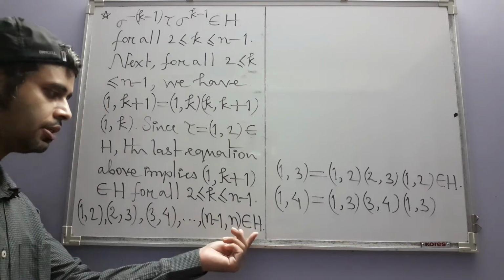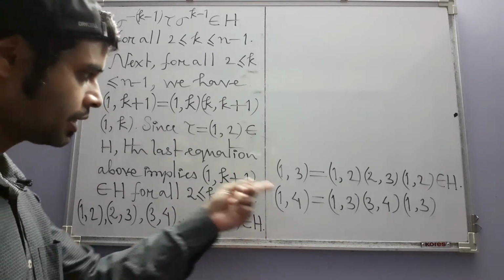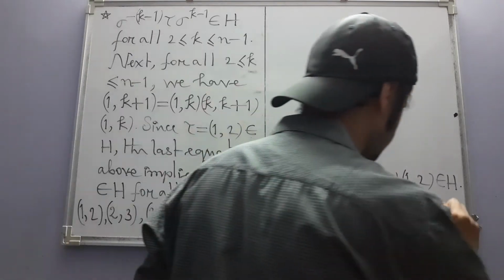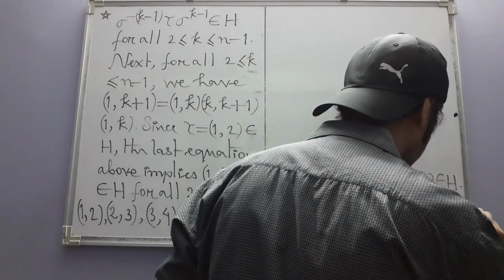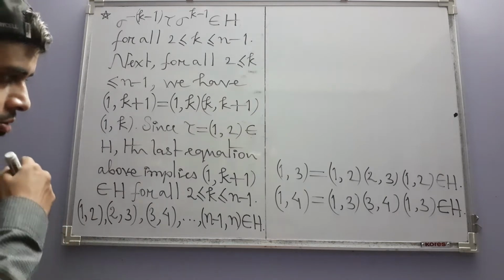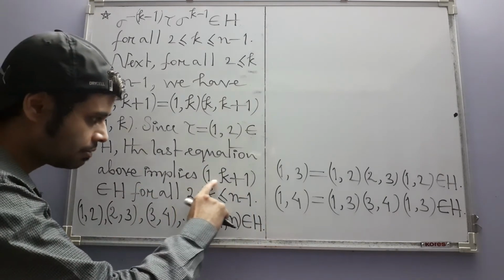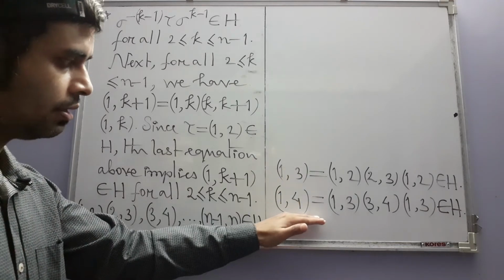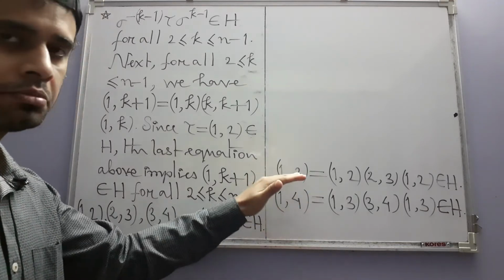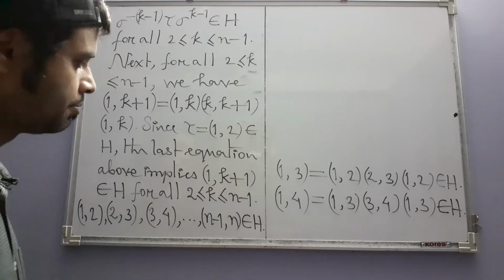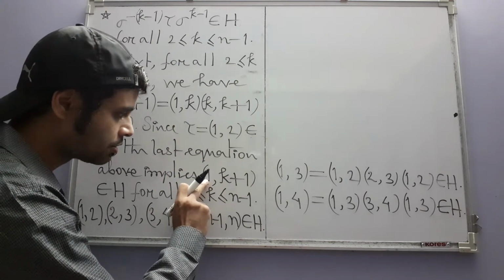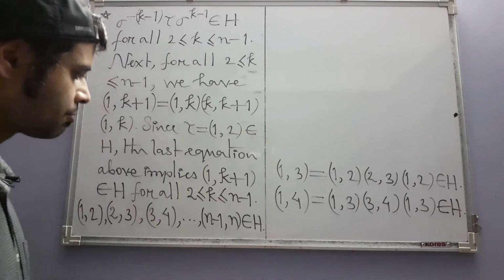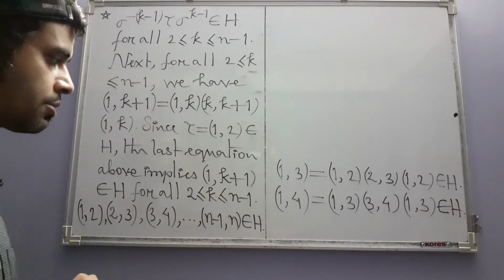Now (3, 4) is in H, that we already know, but just now we have shown that (1, 3) also is in H. So again, using all these facts, this also belongs to H, and if you continue like this, you will end up having this. Each one depends on the previous one, but all the 2 cycles which look like this belong to H for k varying from 2 to n minus 1.